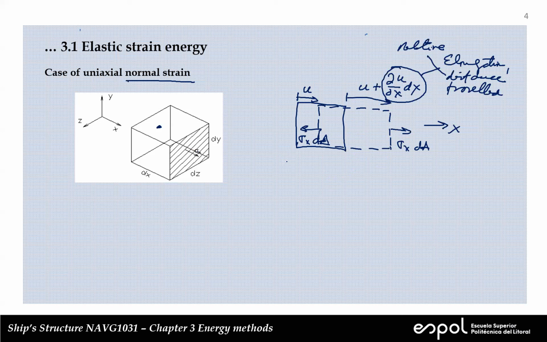So that means that this force at the end of the process, sigma x dA, has traveled this amount. So this is the force at the end of the application.